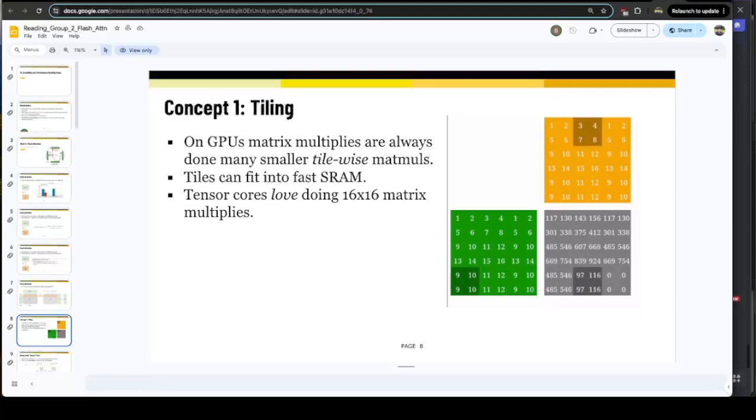The key things here are that things in SRAM are a lot faster than device memory, and what is actually doing all this compute is your tensor cores. Your tensor cores are basically specialized hardware whose whole thing is small matrix multiplies. They really like 16 by 16 matrix multiplies, and they are not very happy to do much else for you. Okay, next slide, thanks.